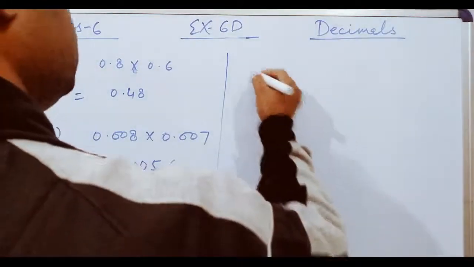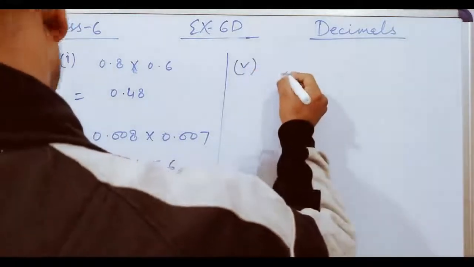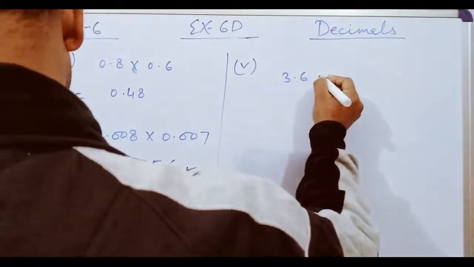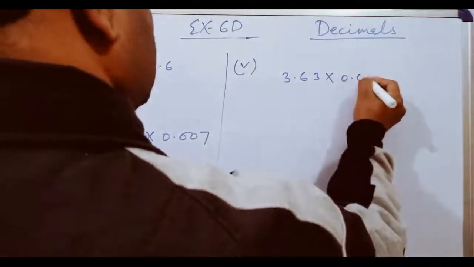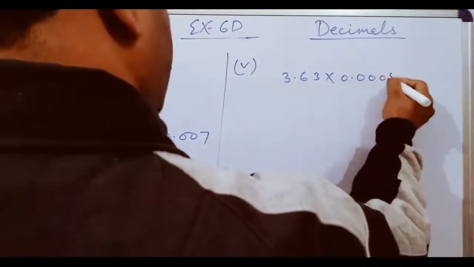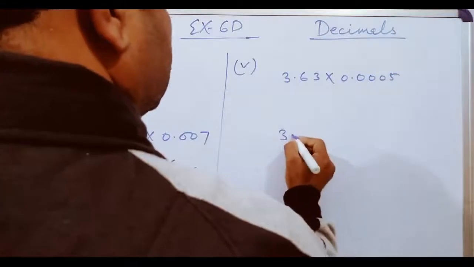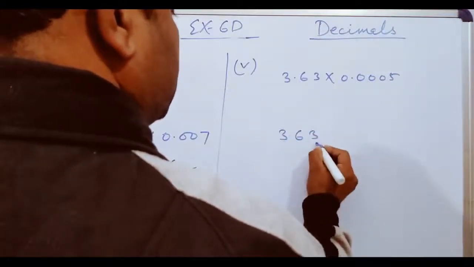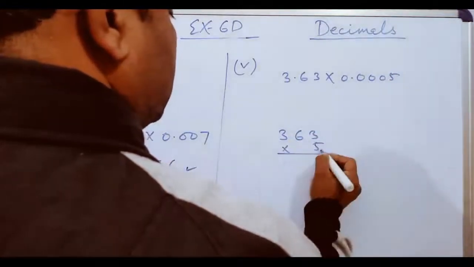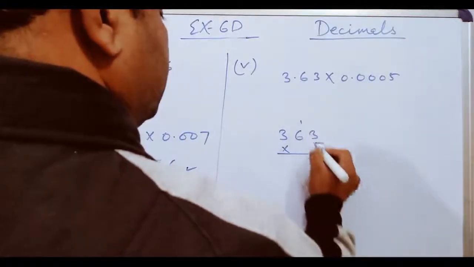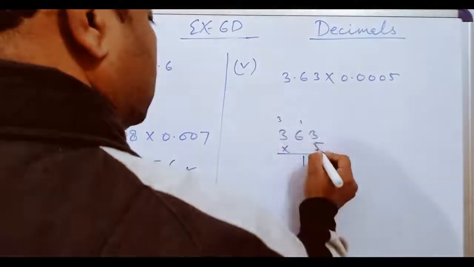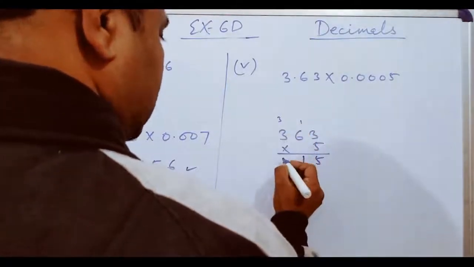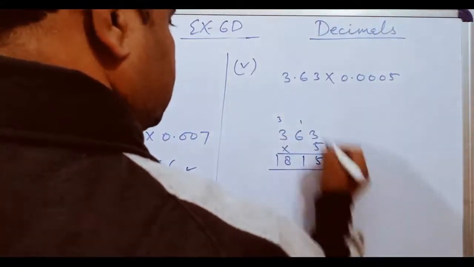Now fifth part, 3.63 into 0.0005. Now multiply 363 by 5. 5 threes are 15, carry 1. 5 sixes are 30 plus 1 is 31, carry 3. 5 threes are 15, 3 is 18.